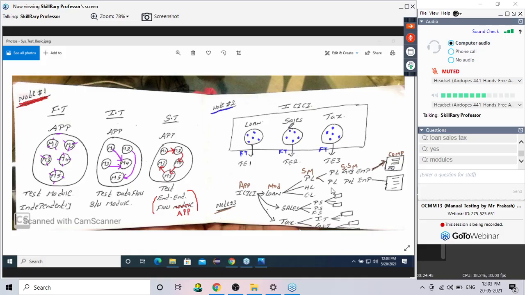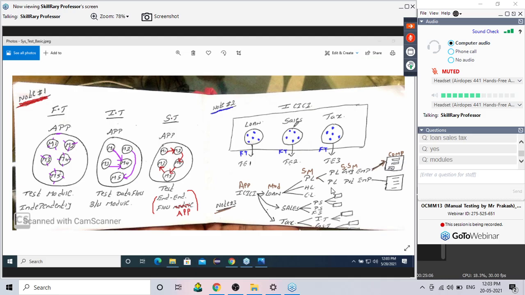Think what I'm asking first. If you see this diagram, loan is given to one person, sales is given to one person, tax is given to one person. If at all loans and sales are dependent on each other, what should my manager do?